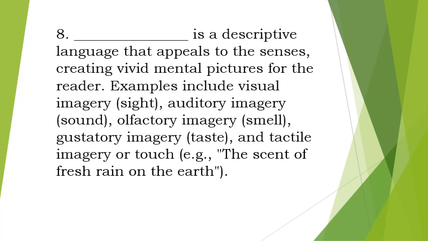Blank is a descriptive language that appeals to the senses, creating vivid mental pictures for the reader. Examples include visual imagery, the sight, auditory imagery, the sound, olfactory imagery, the smell, gustatory imagery, the taste, and tactile imagery or touch. For example, the scent of fresh rain on the earth. That is imagery.